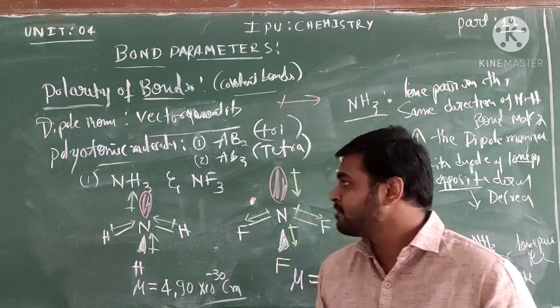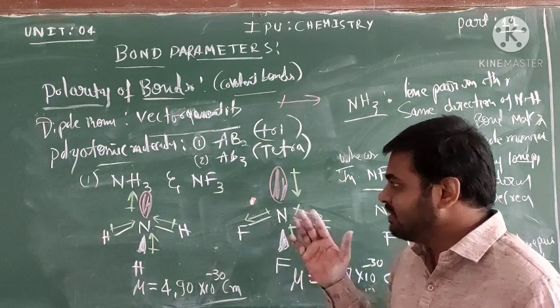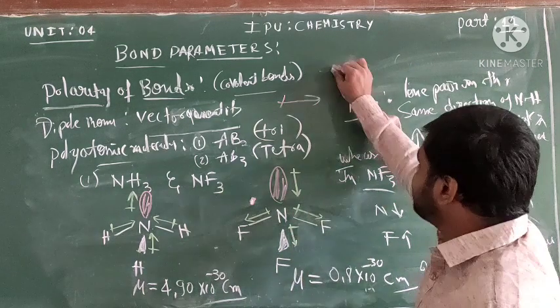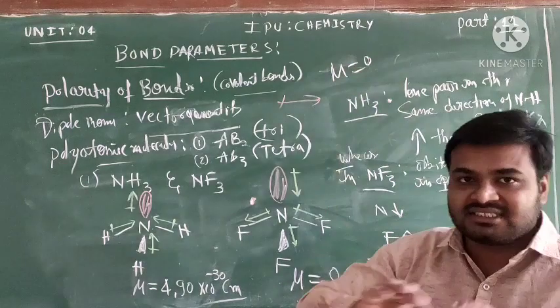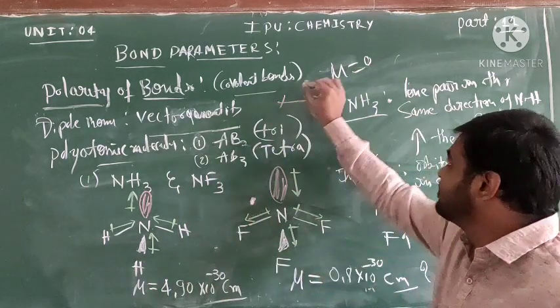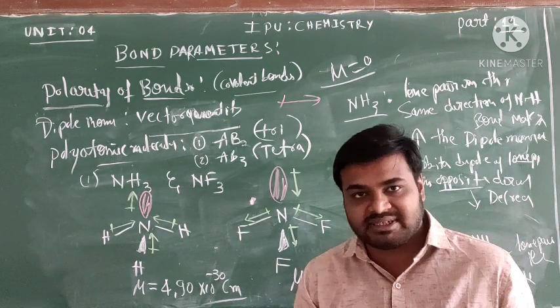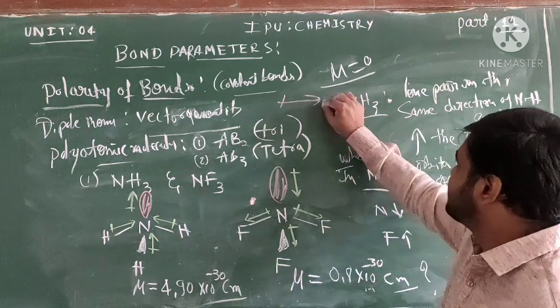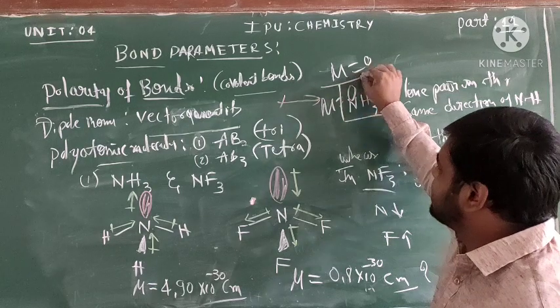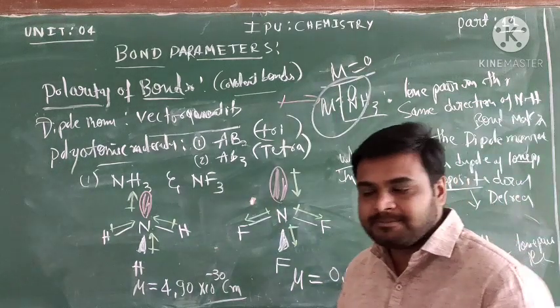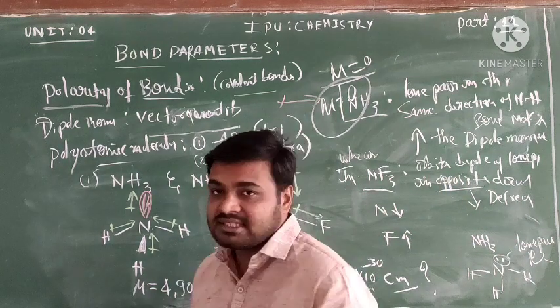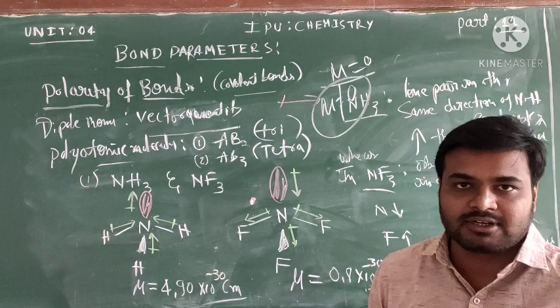Clear? Normally the net dipole moment would be 0 if the values cancel each other. But where lone pairs of electrons are present, the net dipole moment is not 0. Okay? Understand? Okay. Thank you.